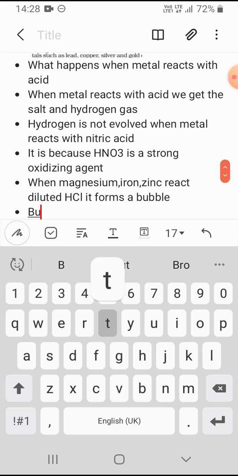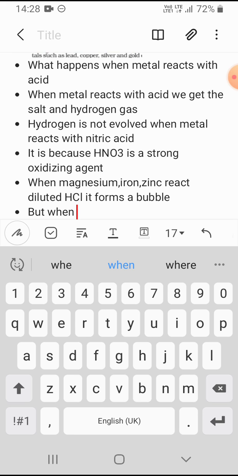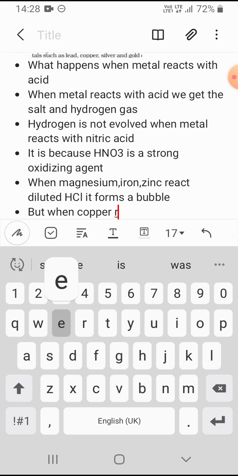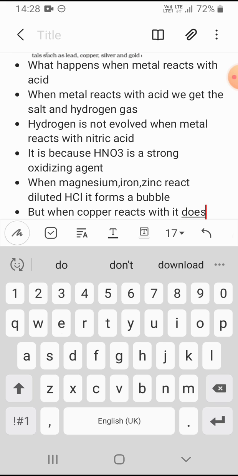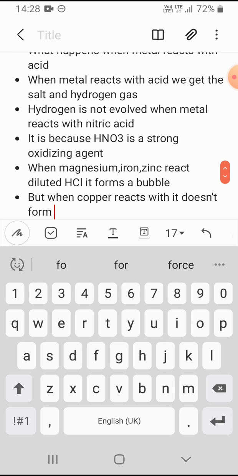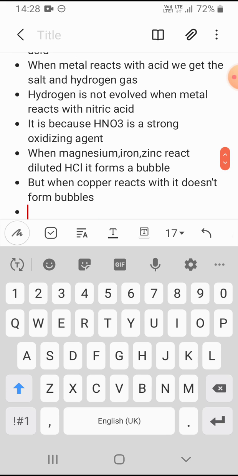But when copper reacts with dilute HCl, it does not form bubbles. The bubbles do not come.